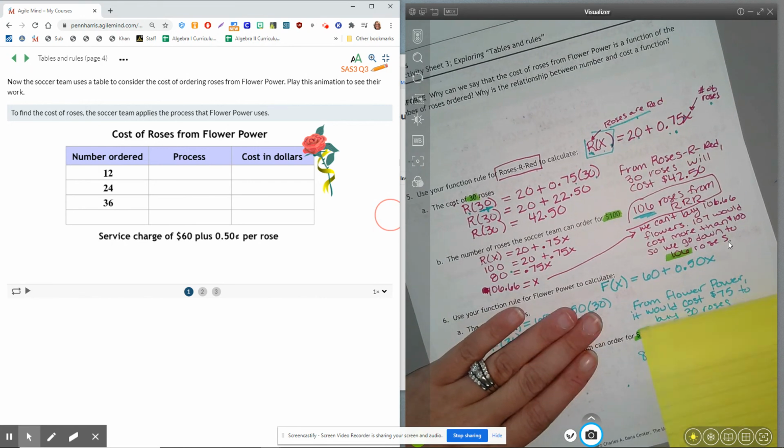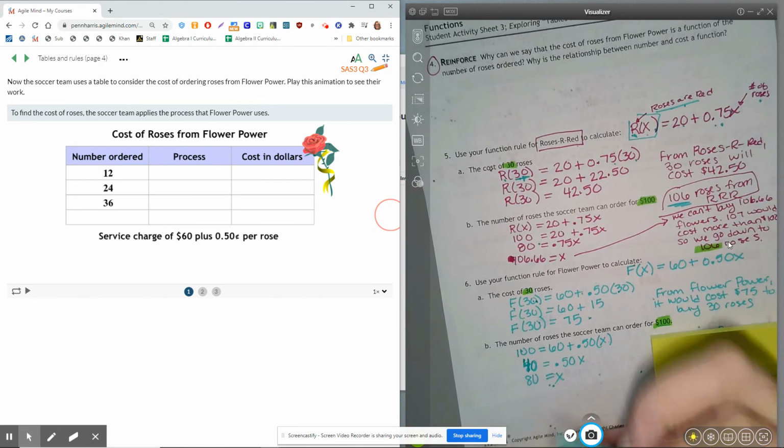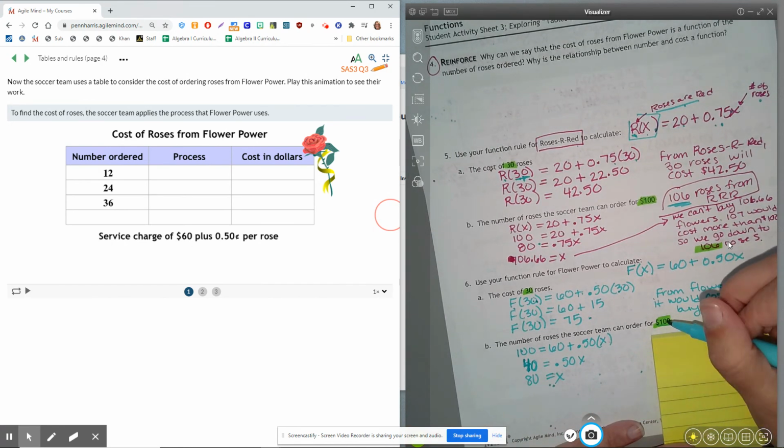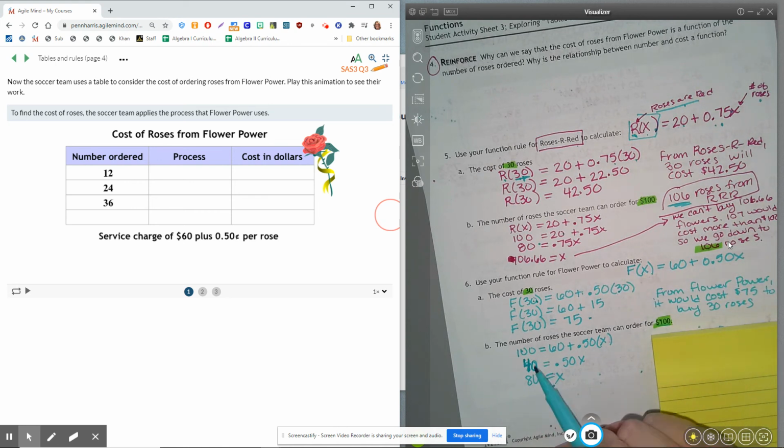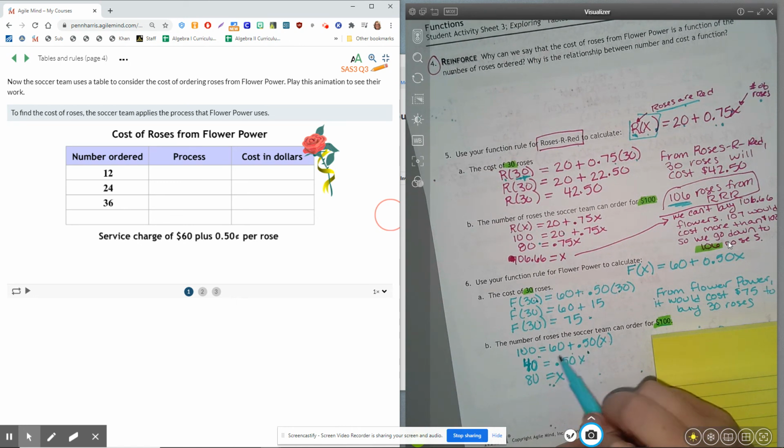Going on down here, we go back up to the $100. What can I buy? So again, I'm going to plug that in. 100 equals 60 plus 0.50x. Let's take away that upfront fee, get that 60 out of here, and I get 40 equals 0.5x.